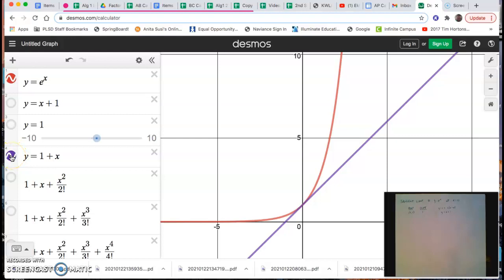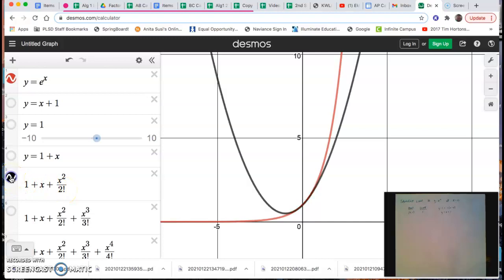But now let's take that y equals 1 plus x, and let's add a third term, which is x squared over 2 factorial. I wonder where that came from. Whoa, look at this. We've got a curvy function, as you would expect y equals 1 plus x plus x squared over 2 factorial would be.